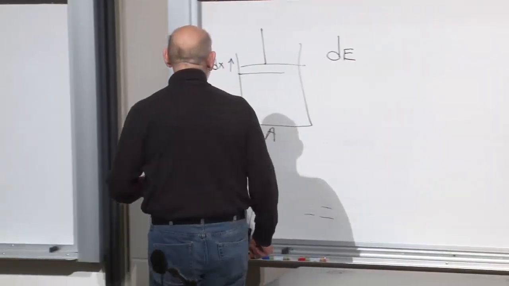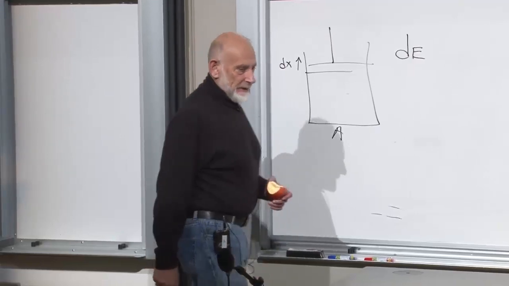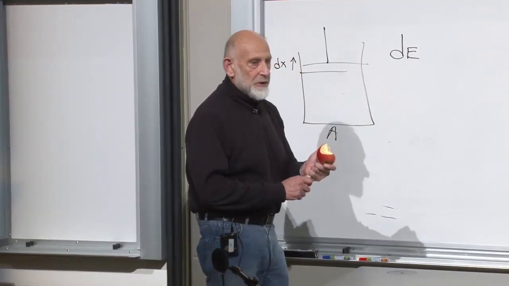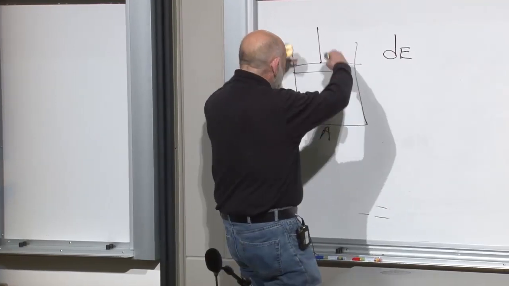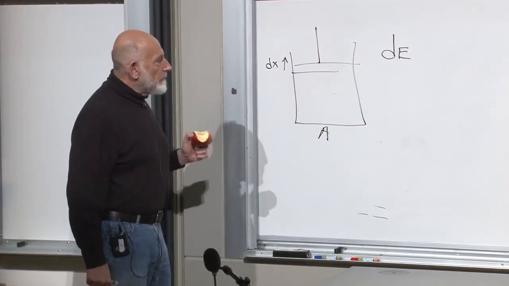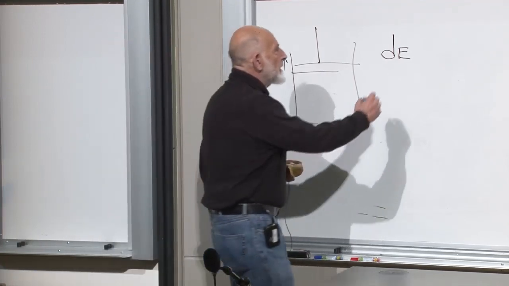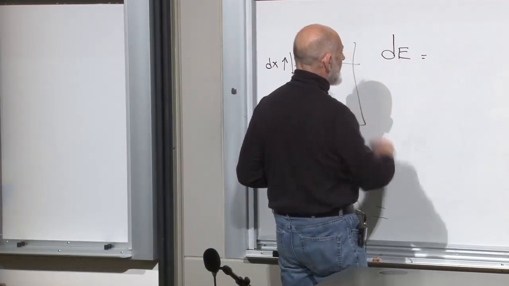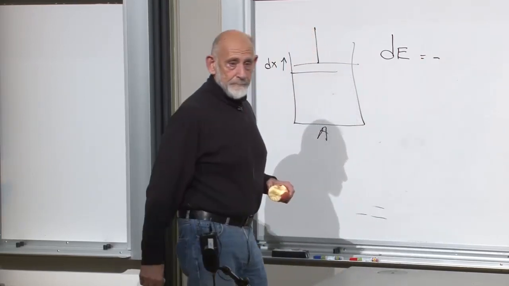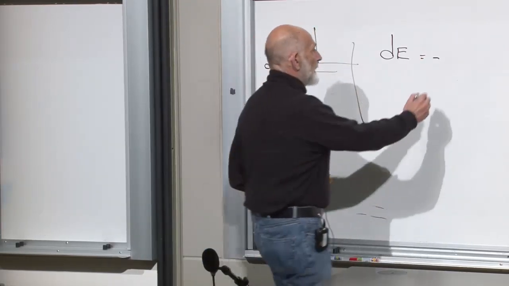If you move the piston adiabatically with no heat coming into the system, the change of the energy of the gas is minus the work done on the piston, and minus the work done on the piston is the force on the piston. That's the pressure times the area.